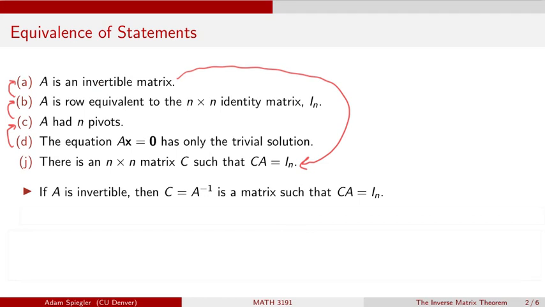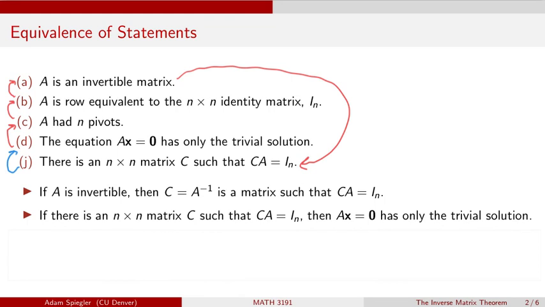And lastly, to connect this chain, if we can show that statement J implies statement D, then we know that all of these statements are either true at the same time or they all have to be false, because these implications go in both directions. So if we assume that statement J is true, namely that we have this matrix C so that multiplying on the left of A gives the identity, then we can show that the matrix equation AX equals 0 has only the trivial solution.